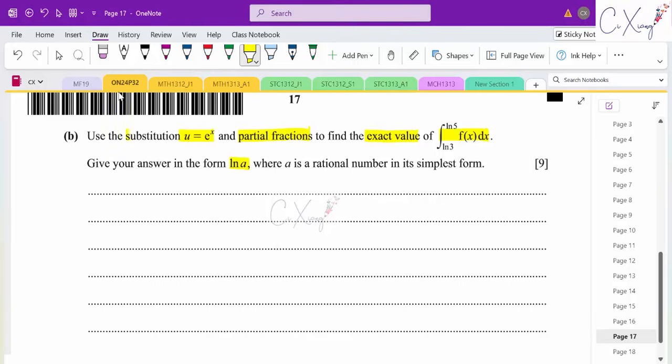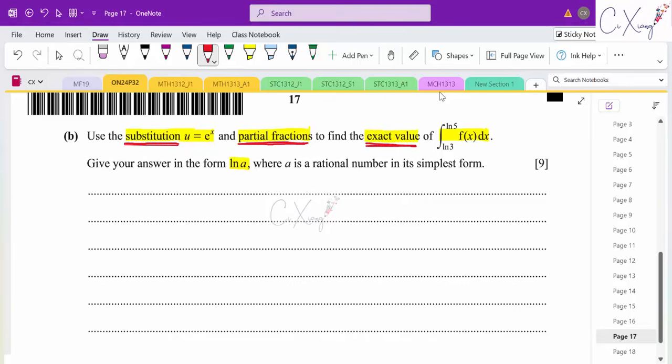For this question, there are a few important words here. The first one is they already tell you clearly that you have to use the technique of substitution in integration. Besides the substitution, you might need to involve partial fractions also to get the solution. Your final solution must be in exact value form. So I think everything is quite clear.